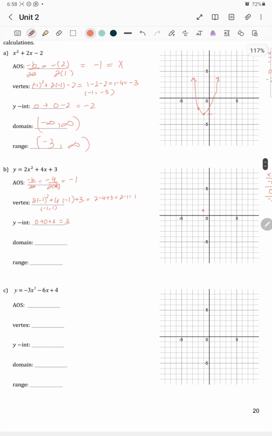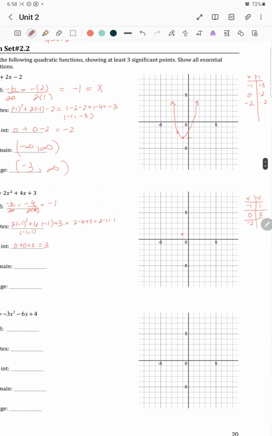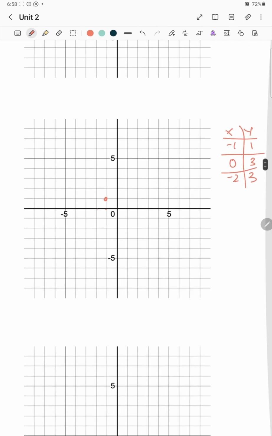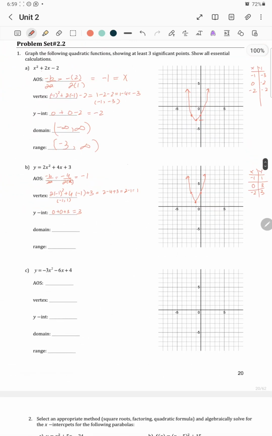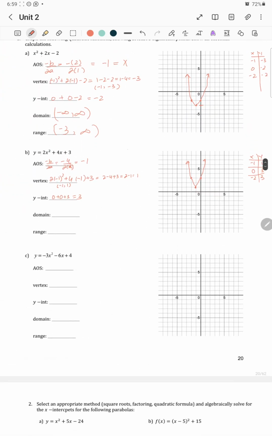For minus 2 on the x-axis, it's going to be 2 times minus 2 square plus 4 times minus 2 plus 3, which is 8 minus 8 plus 3, so 3. So the graph is going like this, and we know it opens upwards because the 2 is positive. The domain would be from minus infinity to plus infinity, and the range would start from 1 to plus infinity.